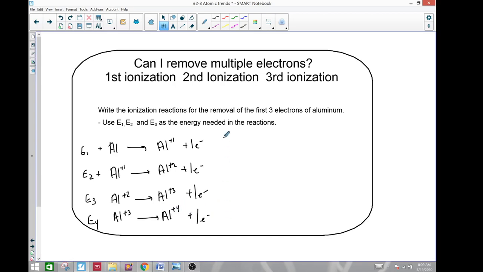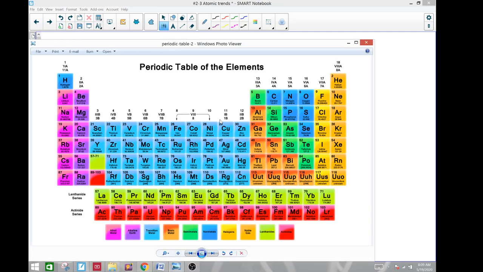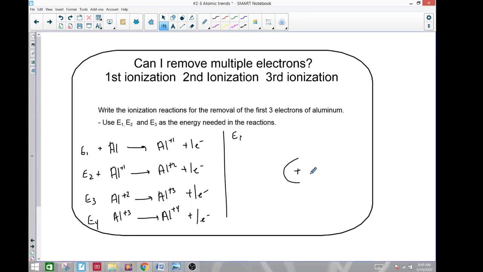Now, what do you know about these energies? Let's draw a Bohr structure of this. Aluminum has 13 protons, 13 electrons if it's neutral, and 3 energy levels: 1, 2, and 3.